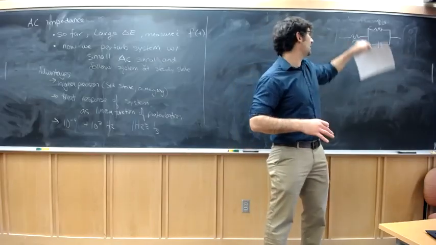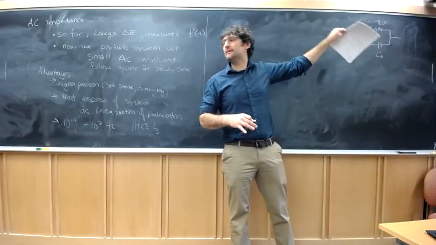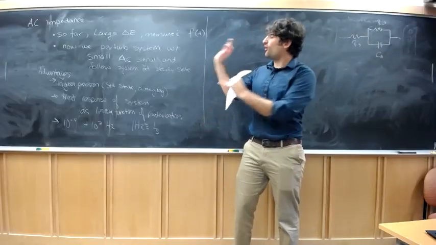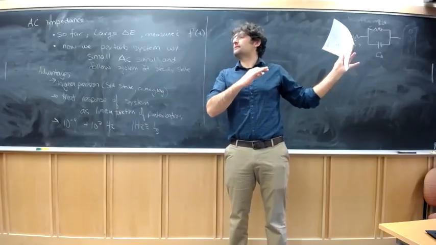The cells can get much more complicated than this. We can have 10 or more circuit elements in there, and we want a way to use all this frequency data to understand what the fundamental processes going on in our cell are.